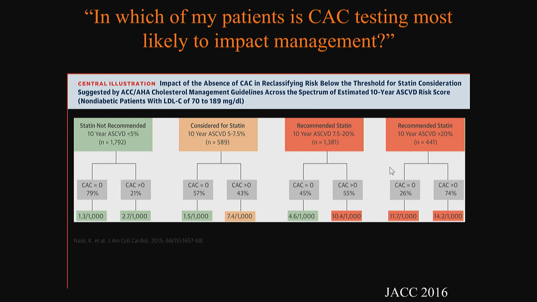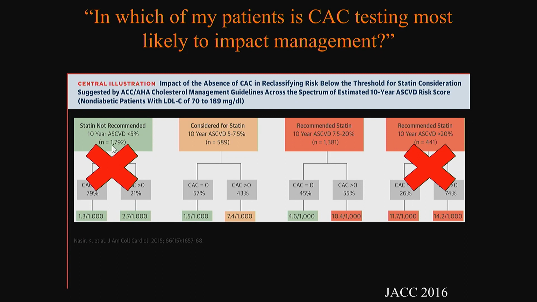On the other end of the spectrum, if we look all the way to the right here, in patients who are recommended statin therapy and have a 10-year score greater than 20%, even if their calcium score is 0, their 10-year event rate is 11.7%, and it exceeds our threshold of 7.5%.